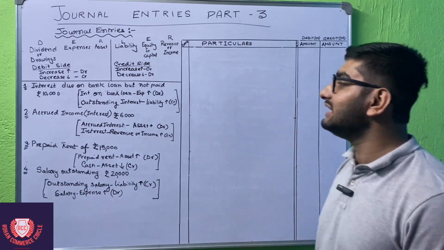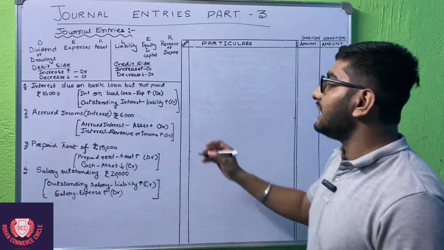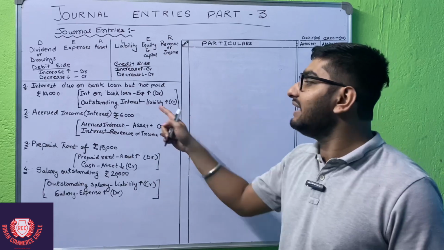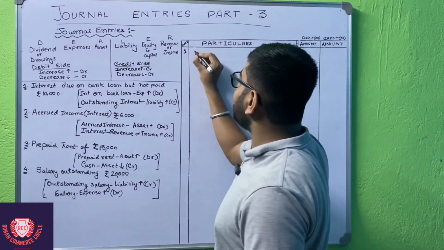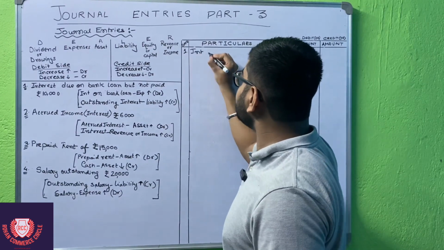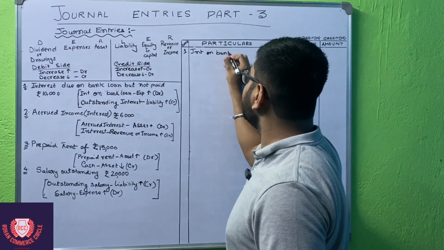So what will be the journal entry in this case? The journal entry will be: Interest on bank loan account debit, to outstanding interest account. Okay, so I am writing it down.